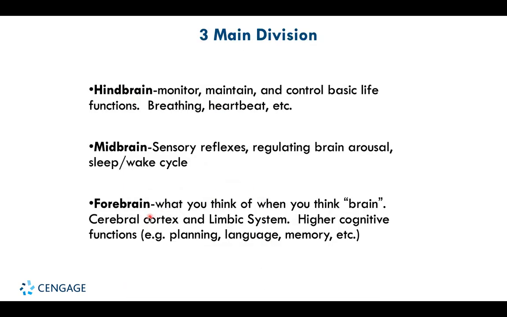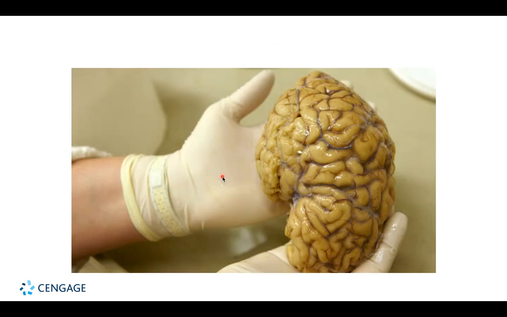Lastly, the most interesting as well as complex part of the brain is known as the forebrain. This is actually the cerebral cortex, the outer covering of your forebrain with all the folds and veins. Your cerebral cortex, which you're seeing here, is about the size of your two fists put together.